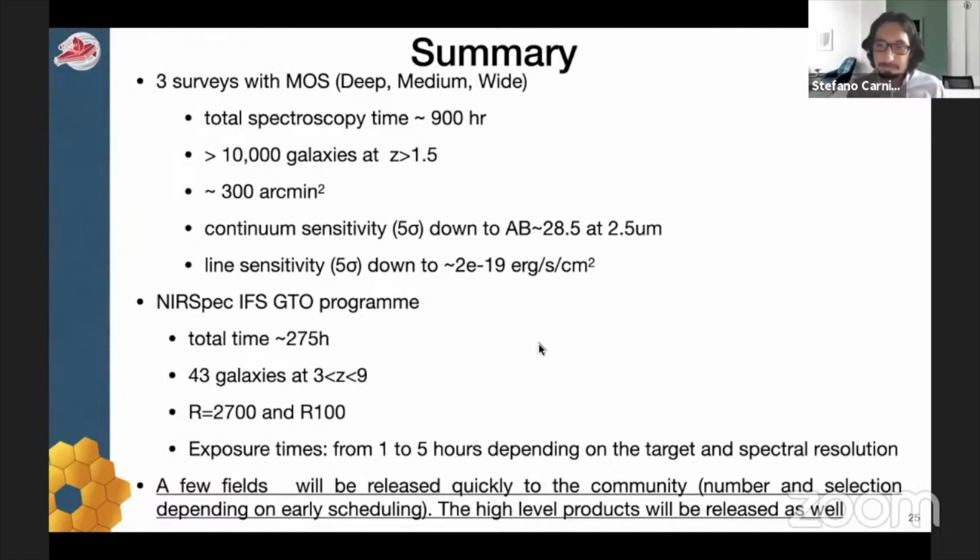I can address this in more detail. What I can say about the NIRSpec part is that we can deliver also the fully calibrated spectra, both for the prism and for the grating, at least for a few fields.